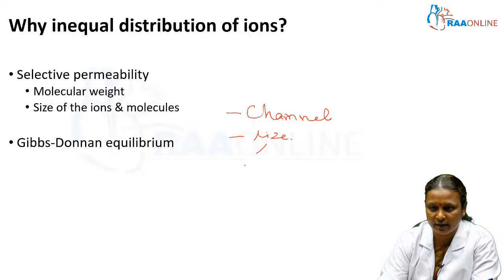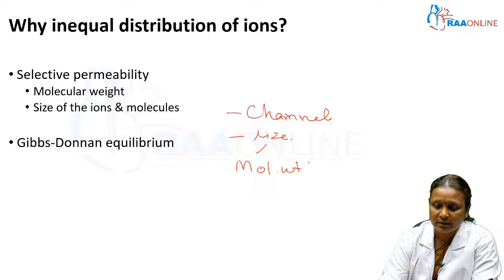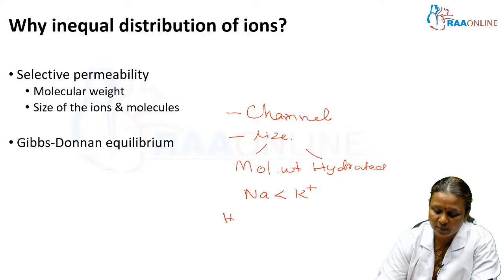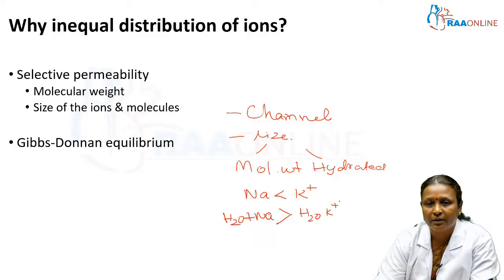The size is decided by the molecular weight. Second is whether the ions are hydrated or not. For example, the size of the sodium ion is smaller than that of the potassium ion, but the hydrated sodium ion is larger than the hydrated potassium ion.